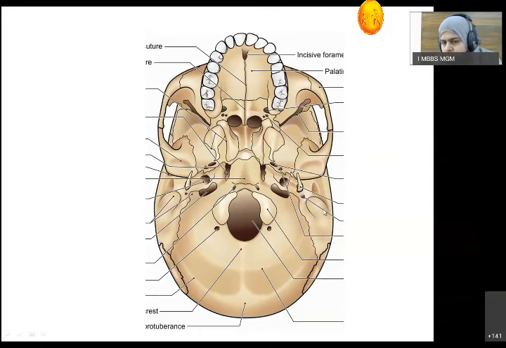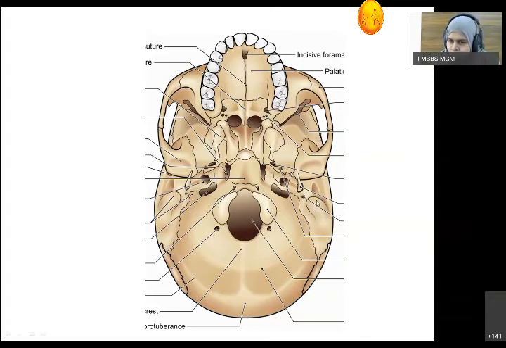Then there is another bony elevation, known as the mastoid process. Here there is attachment of the posterior belly of digastric and sternocleidomastoid muscle. Between the styloid process and mastoid process, there is a foramen known as the stylomastoid foramen, through which the facial nerve emerges. Remember, in fetal life, till the age of 2 years, there is no development of the mastoid process.